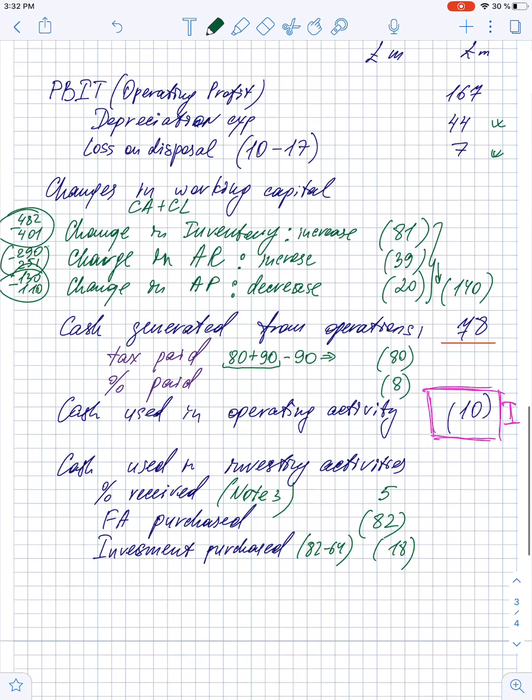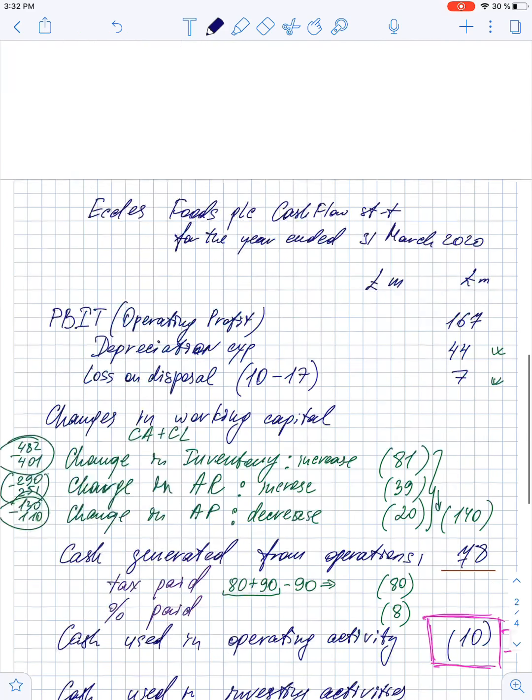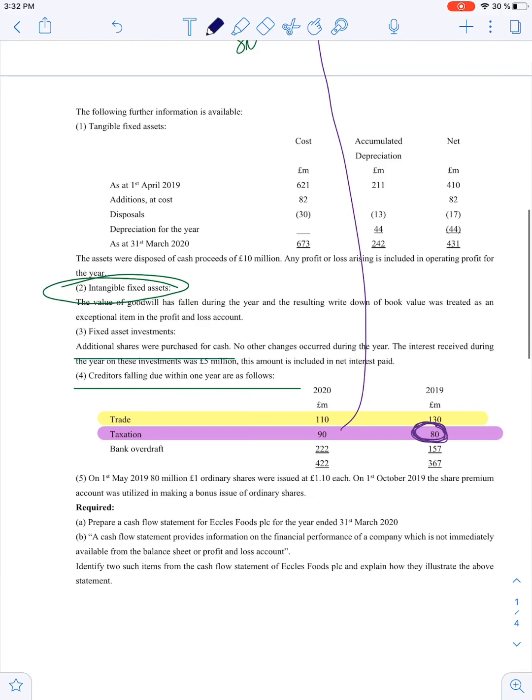Great. So we have considered all the investing activities in the firm. We have accounted for interest received, investment purchased, and fixed asset purchased. Oh, we forgot that we have sold a fixed asset item. The fixed asset sold was described in note 1, and we have already accounted for the loss on that disposal.